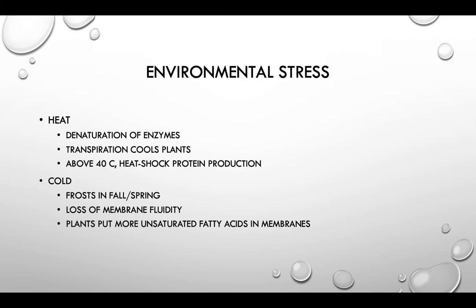Remember, unsaturated fatty acids are liquids at room temp, so they would be able to handle that change in temp much better than saturated fatty acids. Also, more sugar in cells helps prevent freezing. They'll make all that sugar all summer and all fall, and then they'll store the sugar in their cells so that the plants will not freeze during the wintertime.